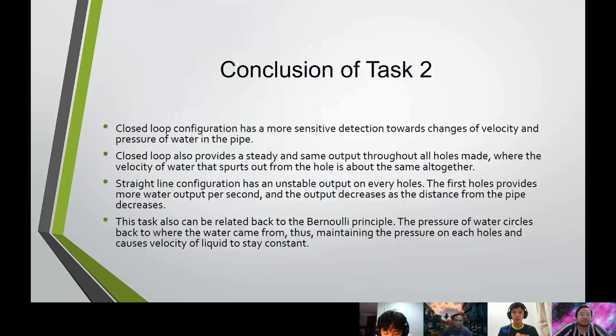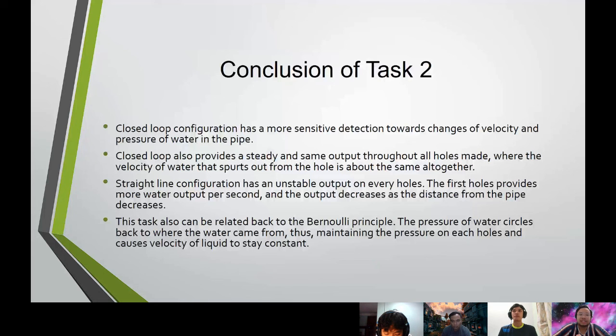For the straight line configuration, it has an unstable output on every hole. The velocity of liquid flowing in the pipe is higher closer to the supply, but as it reaches the end, the velocity decreases because water has flowed out from the first holes.